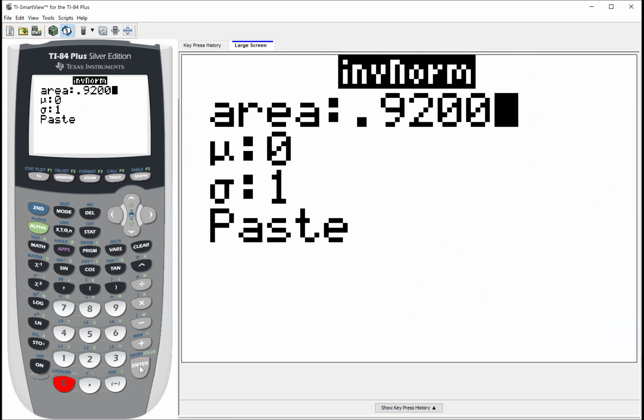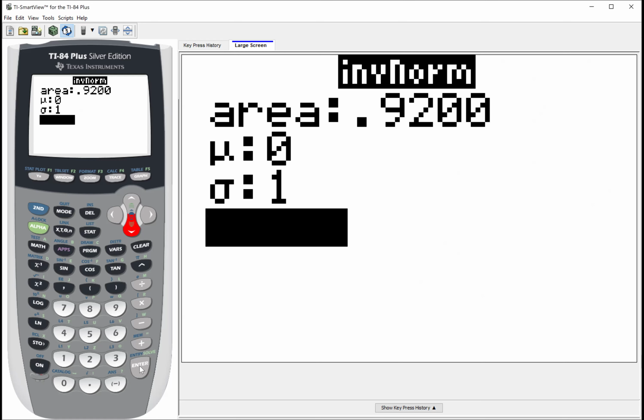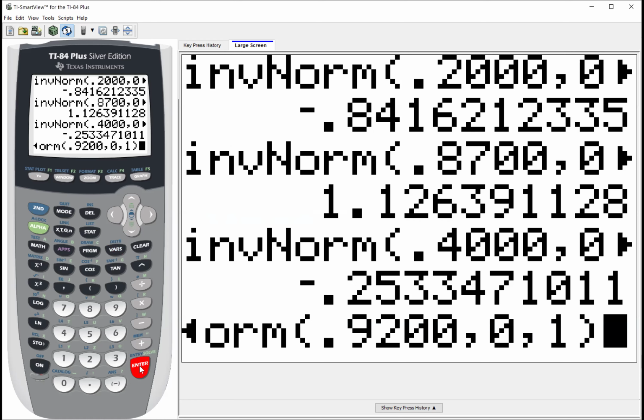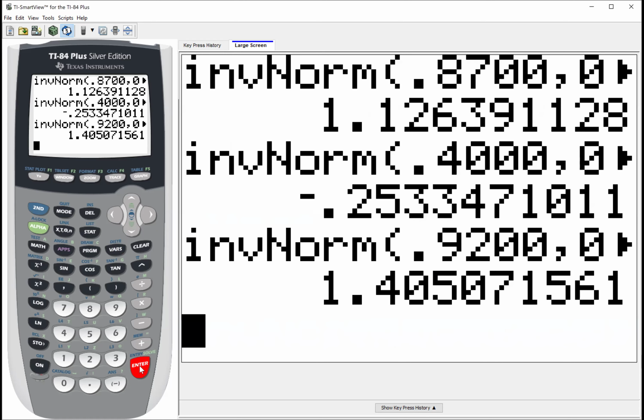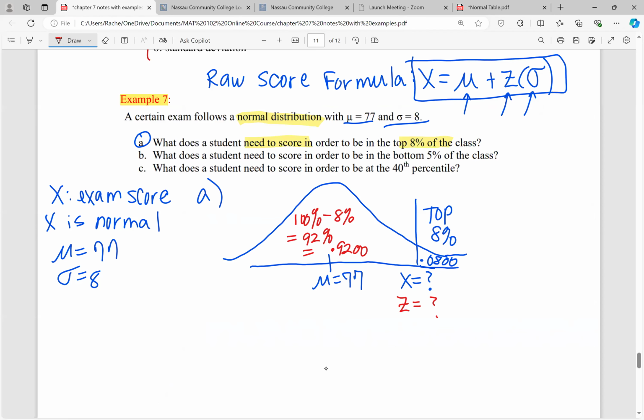And we're going for a z-score. So I'm going to leave the mean as 0 and the standard deviation as 1, because that's the mean and standard deviation of the z-scores. We should get a positive z-score, right? Because we're to the right of the mean. And to 2 decimal places, we get 1.41. So my z-score is equal to 1.41.